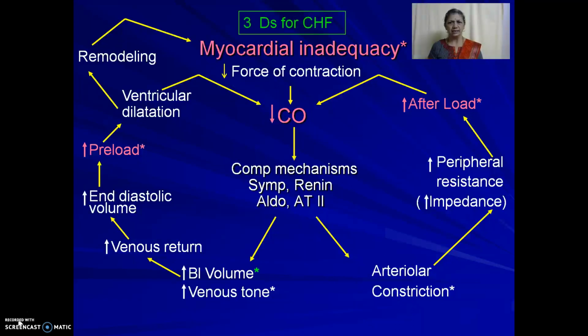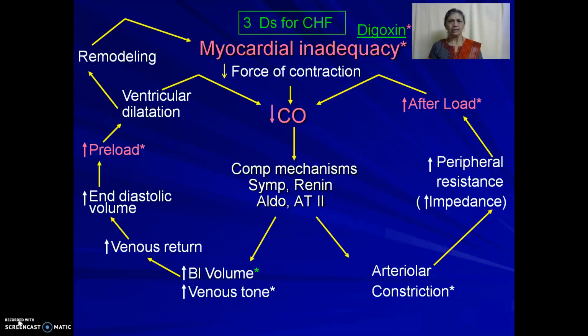The first D is digoxin, and it was the first drug which was introduced in management of congestive heart failure. What is this digoxin? It increases the force of contraction of the heart, and it does so without increasing the oxygen requirement. Like your motorcycle, the one which gives you more mileage for the same fuel would be called more efficient.